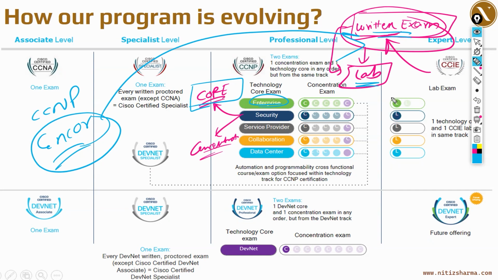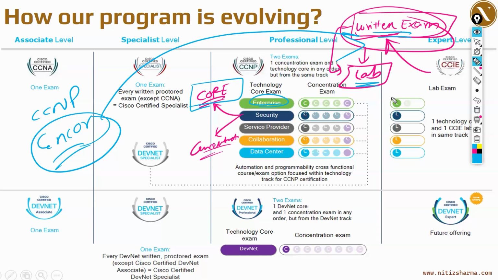So first, your CCNP professional certification will act as your written, and only then you'll be preparing for the CCIE lab. Regarding our technology classes, in the coming slides I'll show you the blueprint, the topics and the syllabus given by Cisco for CCIE, and I'll compare it with the CCNP core.